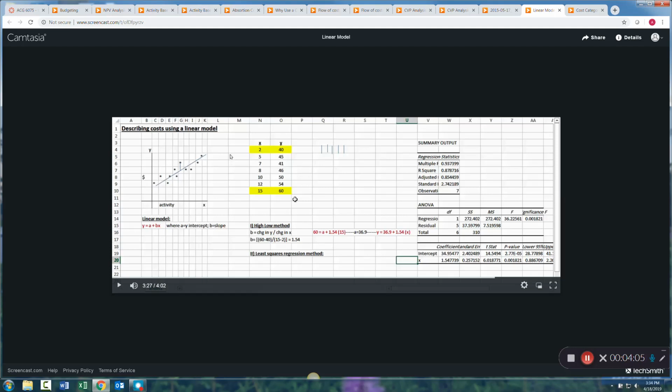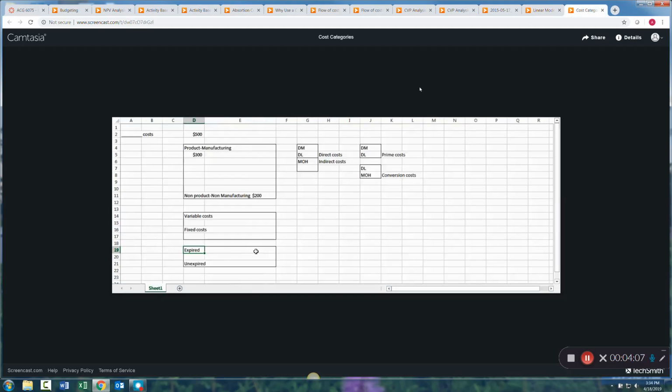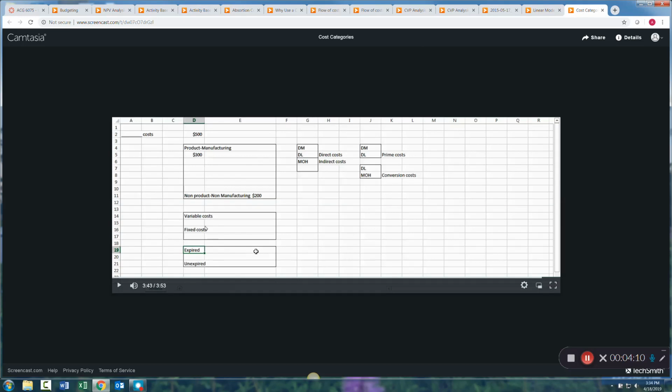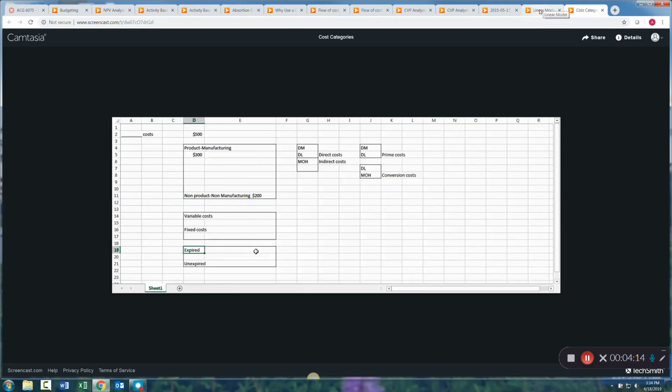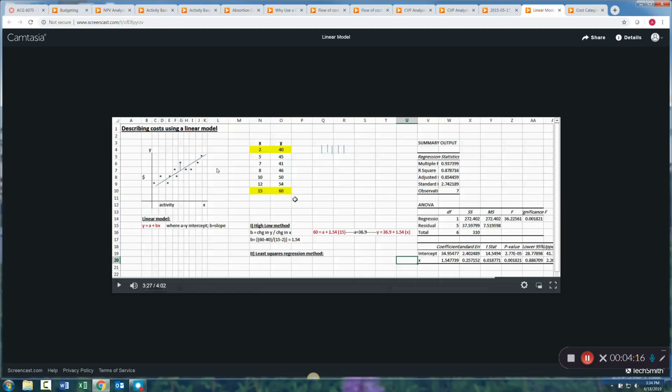So we first discussed how important it is to break apart these costs, but sometimes there are relationships that we really cannot see clearly, and the methodology of using linear regression allows us to break that apart. So for example, in the results here, the intercept is 34.9.